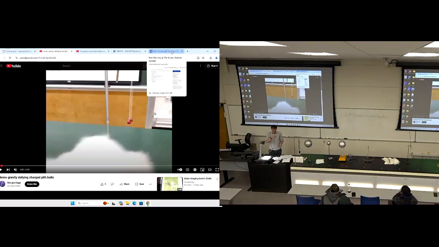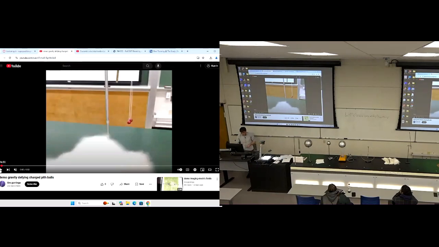Since they're touching, it's going to spread out amongst those two conductors, and they're going to repel from one another, and they will no longer hang vertically. And because they no longer hang vertically, the angle that they hang at to the vertical will tell me how much charge I put on those conductors. I've got a new device for measuring charge or exploring Coulomb's law. So this was exciting for me.